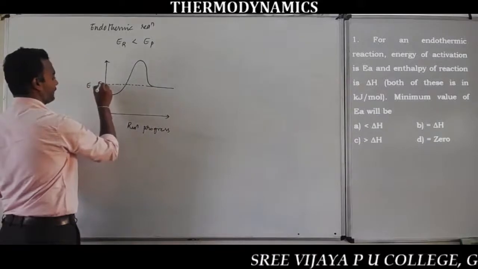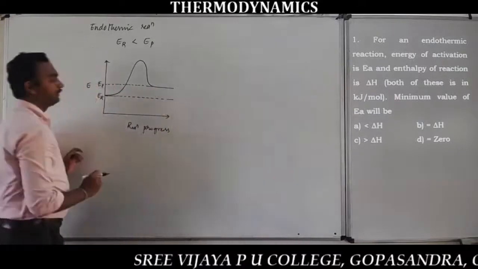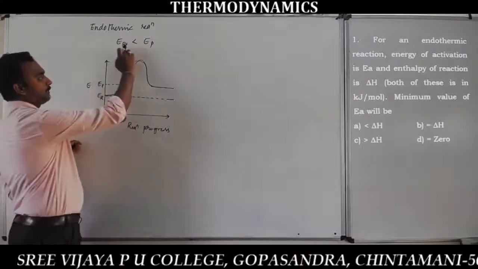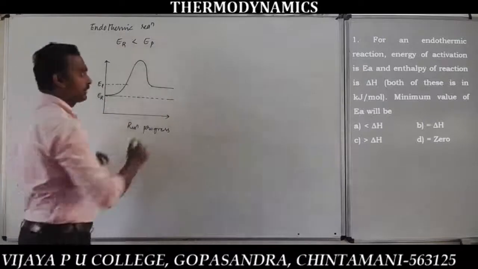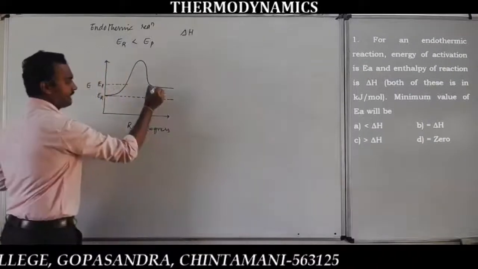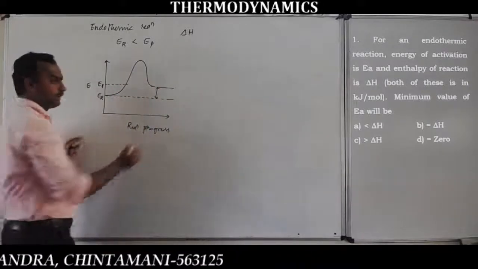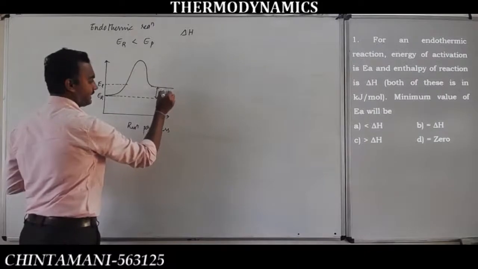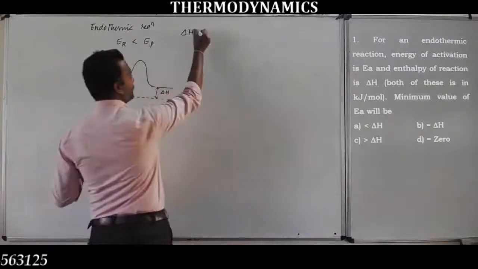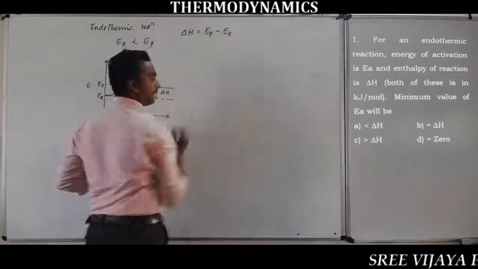The difference between the energy of reactant and product is taken as delta H. So delta H is equal to energy of product minus energy of reactant.